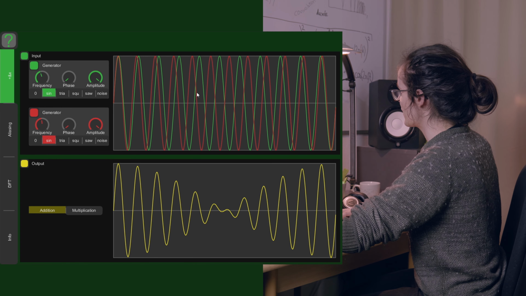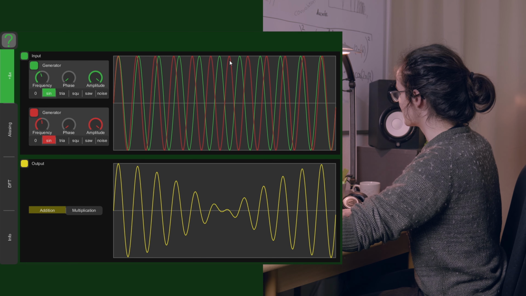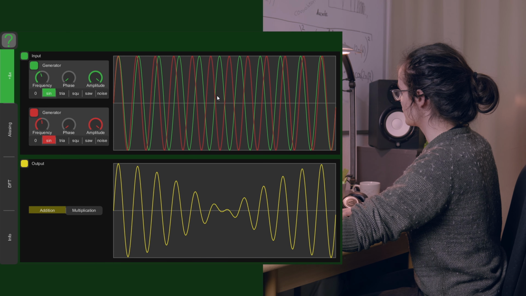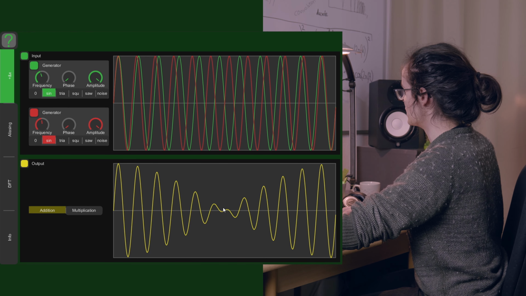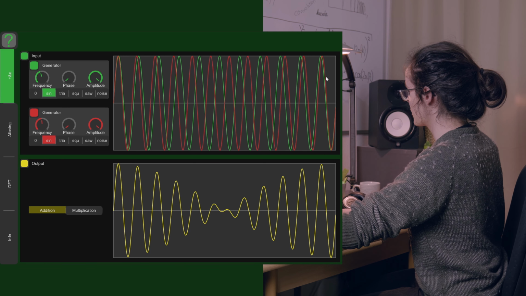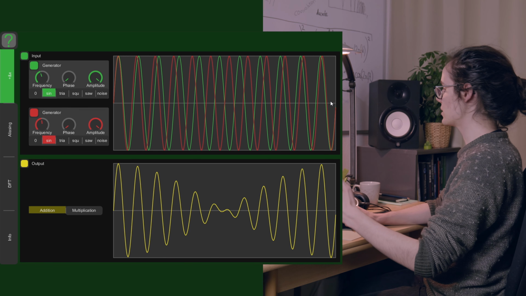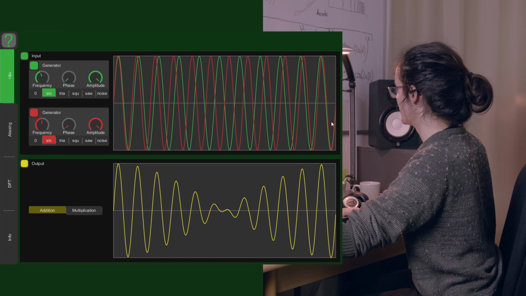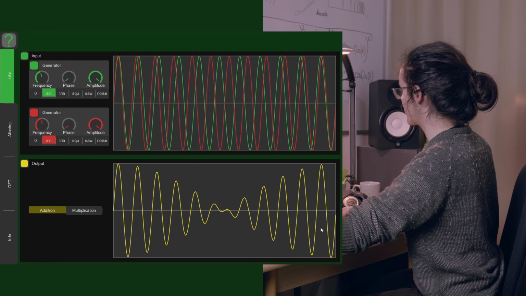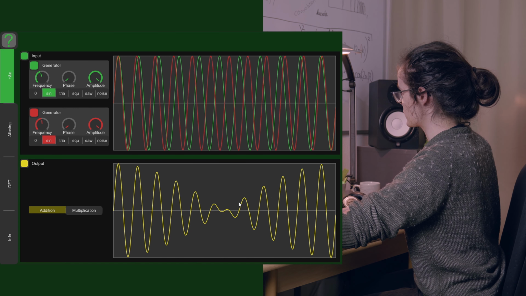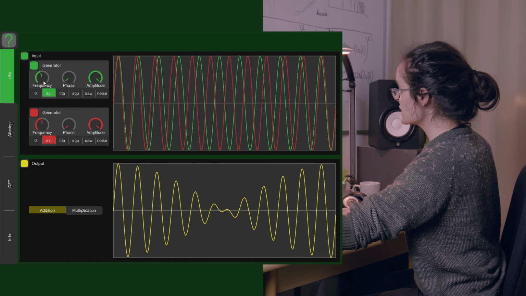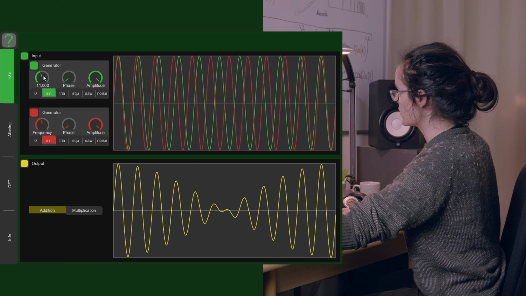So they slightly offset themselves when right here they are perfectly out of phase, so that we have a destructive interference right here. And then the red signal is even as fast as to catch up to the green signal again, so that we have a constructive interference at the end again.